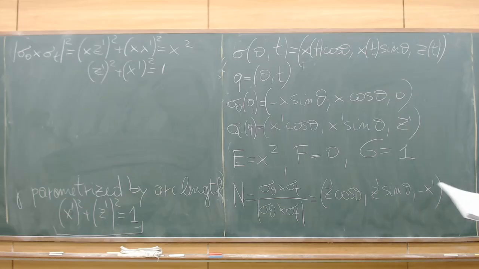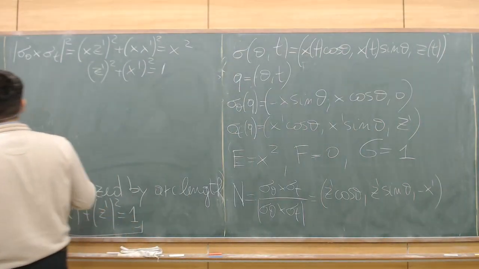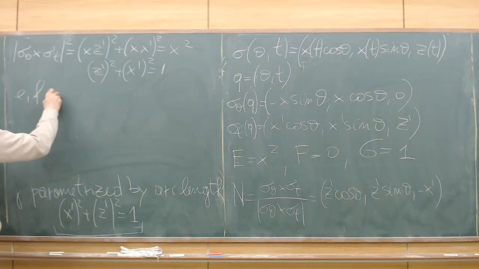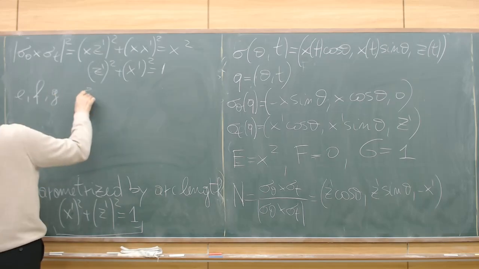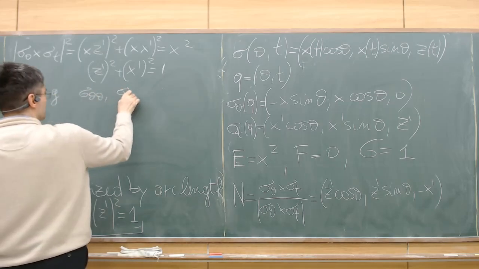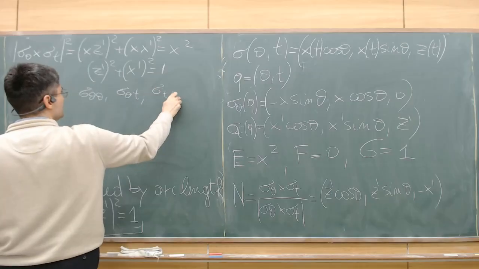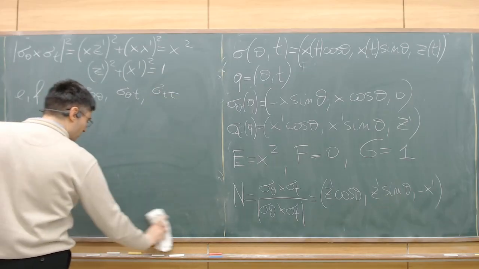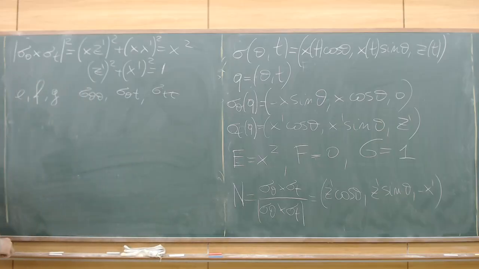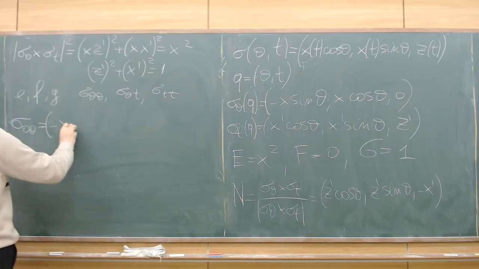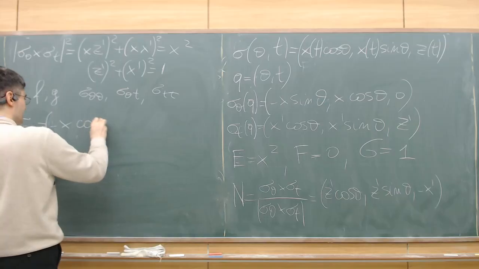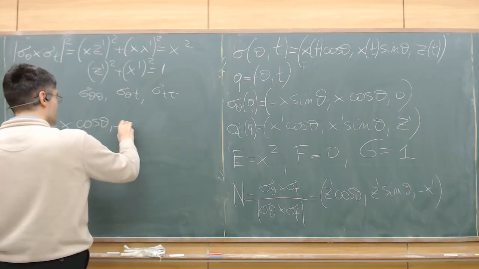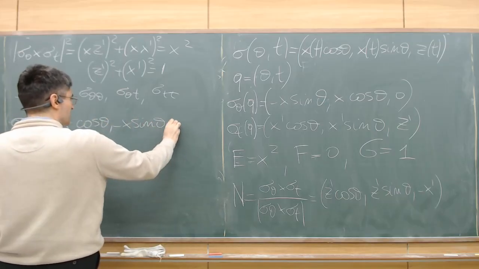Now, in order to compute the coefficients of the second fundamental form, we need to compute sigma theta theta, sigma theta t, sigma tt. Let's write down all the formulas. Sigma theta theta equals minus x cosine of theta, minus x sine of theta, 0.